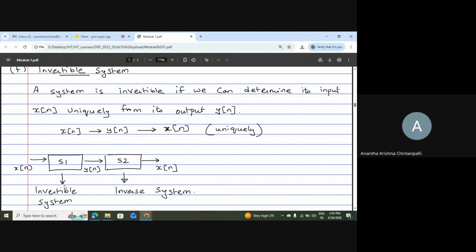Another important point you should remember while thinking about an invertible system is that your x of n should be uniquely determined from your y of n.